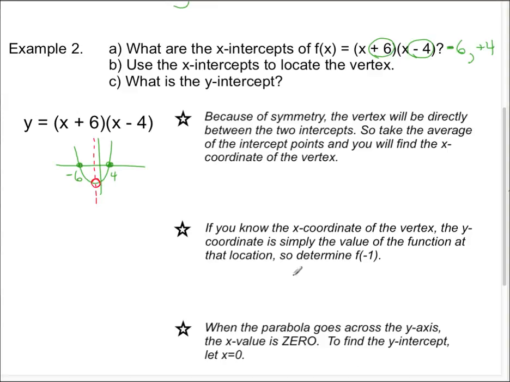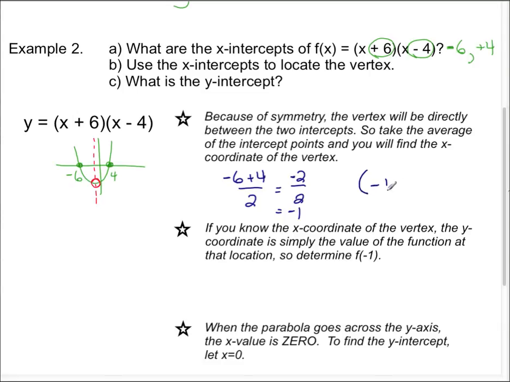So all I have to do to figure out the x value of the vertex is take the average of those. I'm going to take -6 + 4 and divide by 2. Well, -6 + 4 is -2 over 2, which gives us -1. Okay? So the x-coordinate of the vertex is -1.